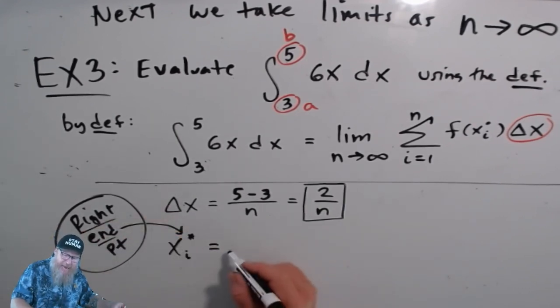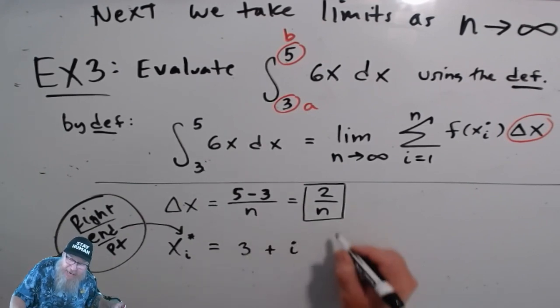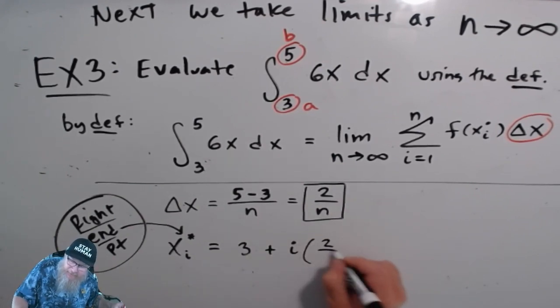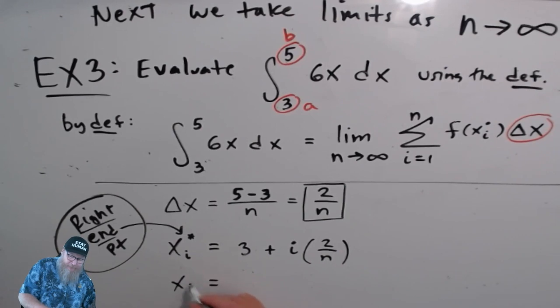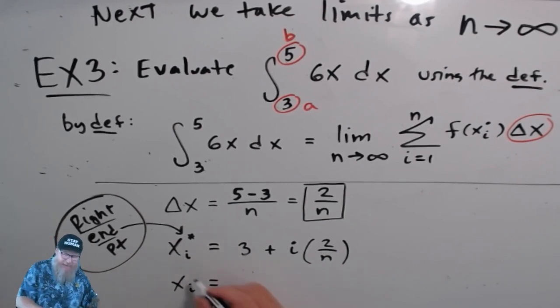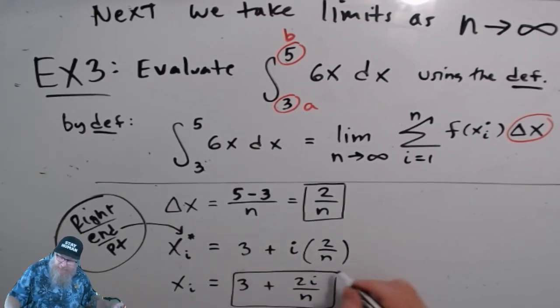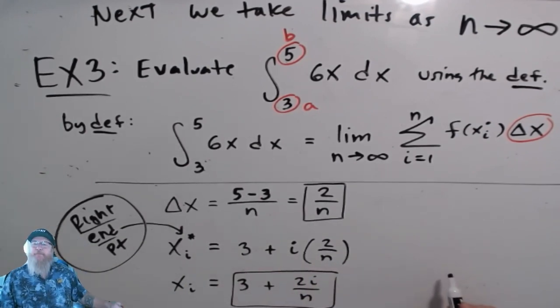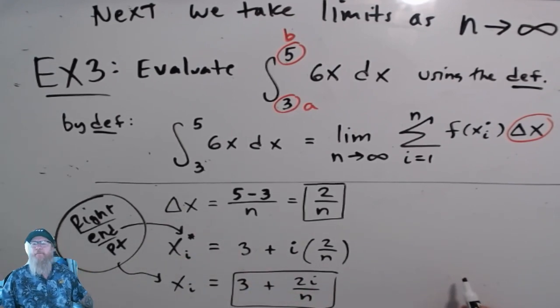All right, so I always just go with right. So it's a, so that's 3 plus i delta x. And I usually rewrite that, I just rewrite it x_i: 3 plus 2i over n. Okay.